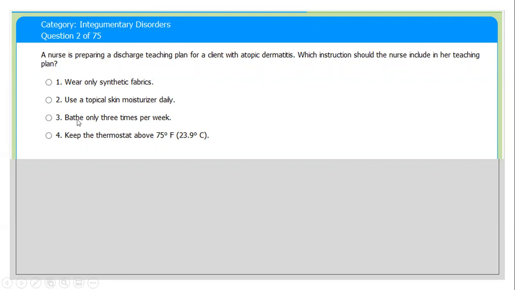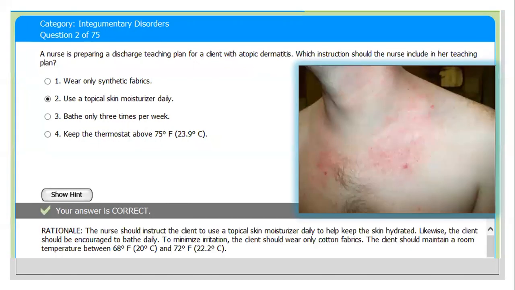Number three, bathe only 3 times per week. Number four, keep the thermostat above 75 degrees Fahrenheit. So what is the correct answer? The correct answer is use a topical skin moisturizer daily.